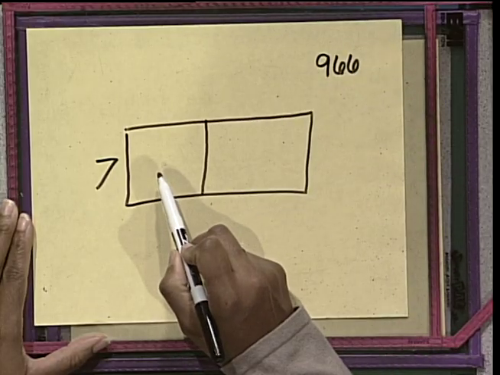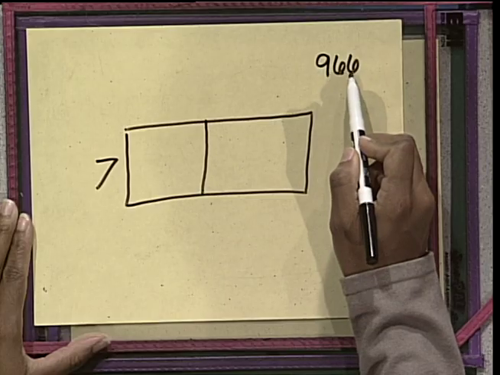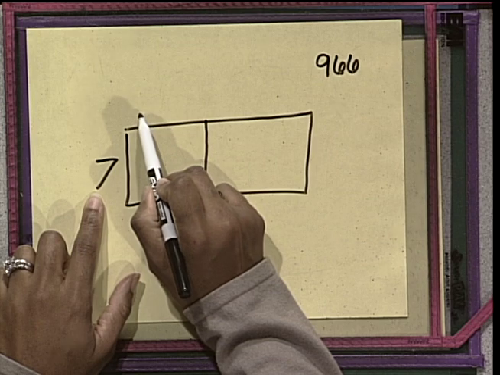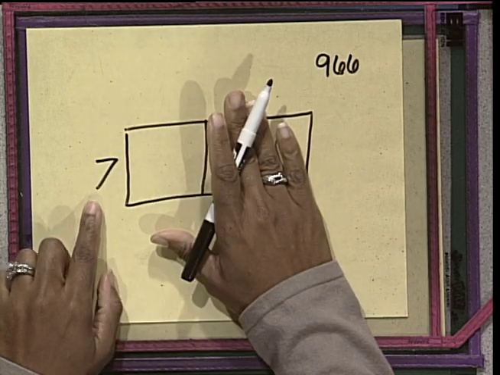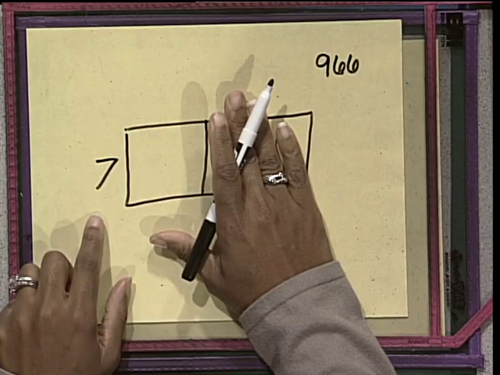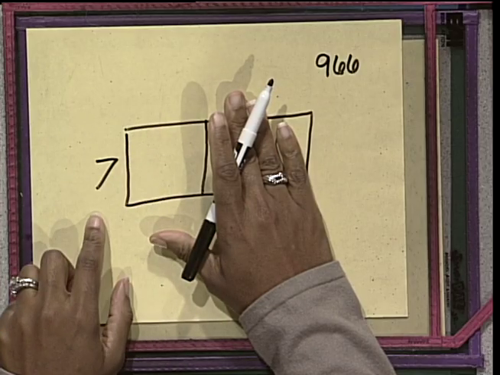How many hundreds can we take out of 966? If I have 7 on this side, and if I put 100 here, I would have 7 times 100. We know that 7 times 100 equals 700.